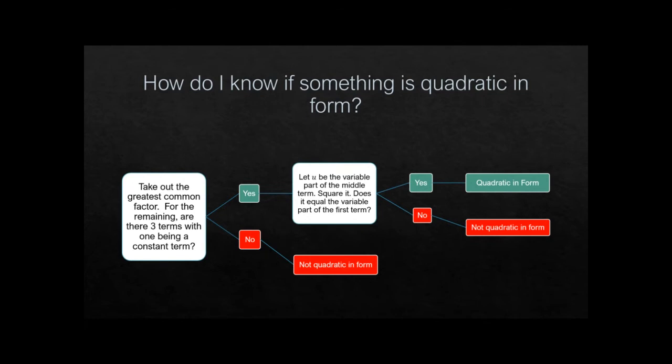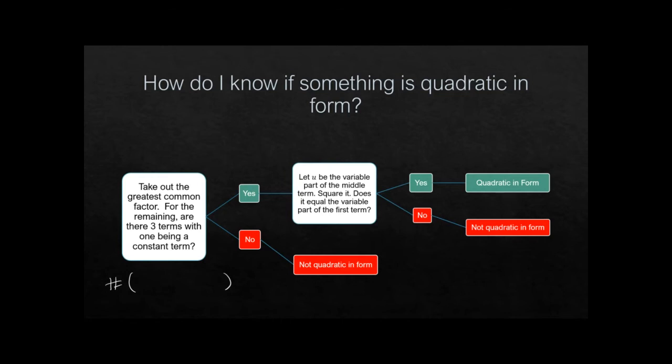That's always the first thing that you do. So you want to take out the greatest common factor, and you may have some number in front, or it could be a variable in front. And if there's no greatest common factor, that's fine too.